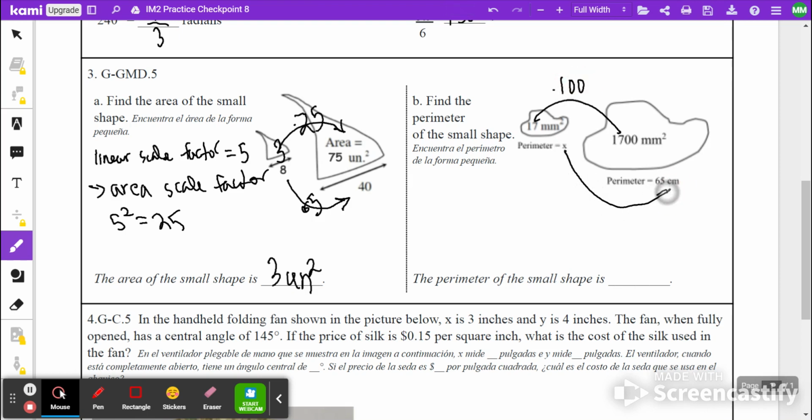That means our length will be times the square root of 100, which is 10. So 10 times something is 65. Well, I happen to know that 10 times 6.5 is 65. And you can also find that using division. 65 divided by 10, 6.5 centimeters.